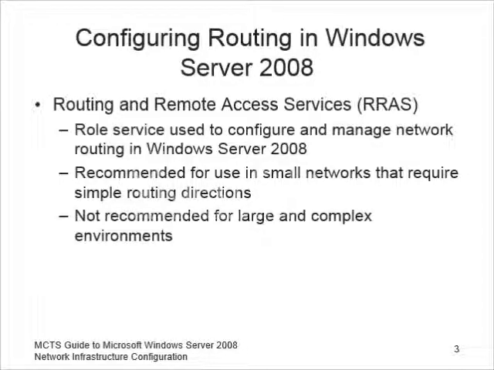And finally, we have Open Shortest Path First, or OSPF, which was designed to address the scalability limitations of the RIP protocol, to create a routing protocol that could be used on significantly larger networks.